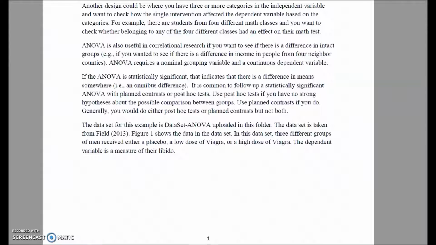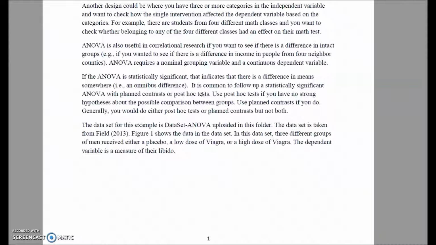One of the most common things that follows an ANOVA is either a planned contrast or a post hoc test. When we do a post hoc test, there is no strong hypothesis. We don't say that this group's mean would be more than the other 2 groups, or this group would be less than the other 2 groups.